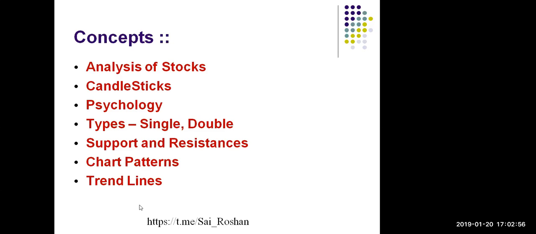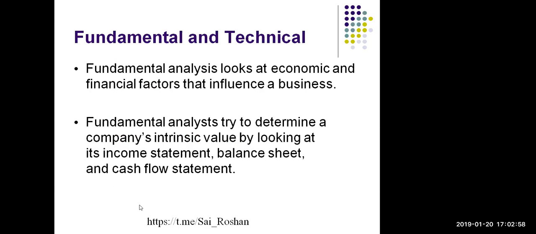So to start with, I'll try to keep it basic, as well as I'll try to explain what is necessary for us to understand. So basically, the stocks could be analyzed in two ways. One is what is called the fundamental analysis, and the other is what is called the technical analysis. Basically, fundamental analysis, as the name suggests, deals with the fundamentals of the company, right?